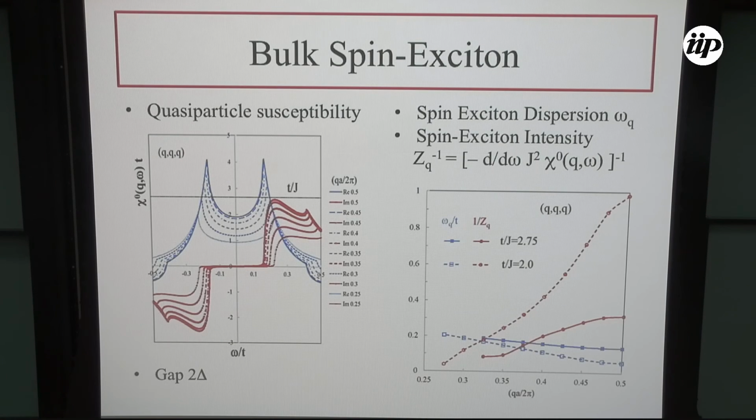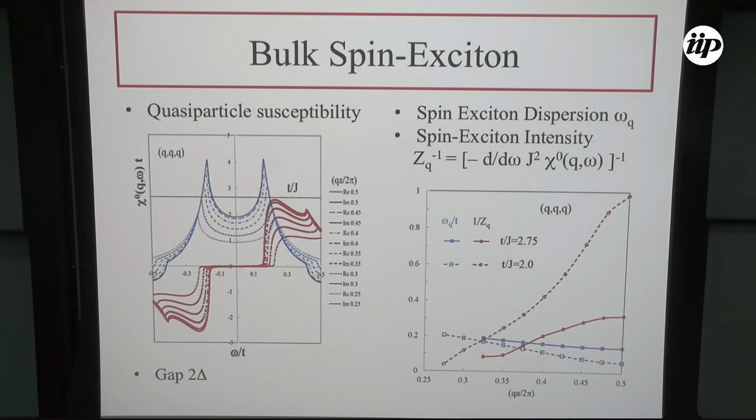So if you use that hybridization model that I showed previously, you can calculate the real and the imaginary parts of the susceptibility. The imaginary part of the susceptibility is 0 inside the gap. Of course, the gap depends on what Q values are. You can go for the smallest, the indirect gap corresponds to the smallest gap, and if you decrease Q, you would go to the direct gap. So this is just the imaginary part of the susceptibility, and this is the real part of the susceptibility.